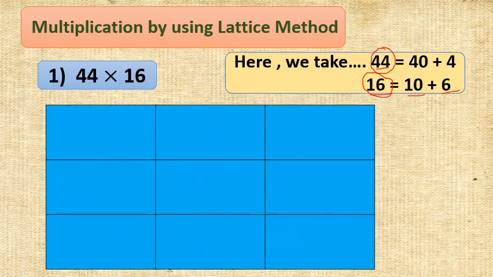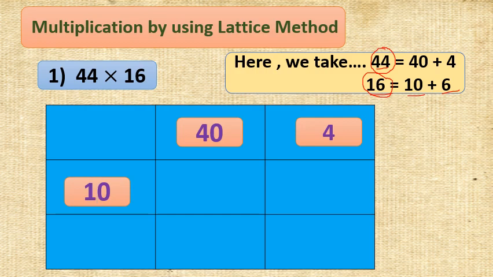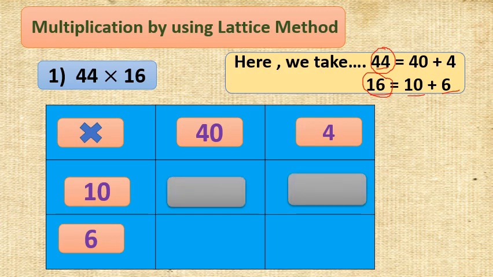See again a table. Here more columns are there and more rows are there because this is 2-digit by 2-digit. So we will write 40 here and 4 here like the earlier method, correct? Now 10 here and 6 here, and here we will give the multiplication sign. Now we will multiply 10 by 4 and by 40.